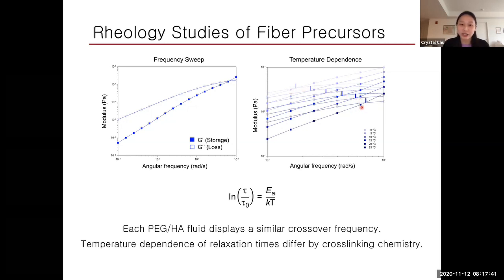And you can see that as you lower the temperature of the experiment, your crossover frequency drops and drops and drops. And for each one of these crossover frequencies, we can extract a relaxation time that is associated with large-scale motion in the polymer structure.